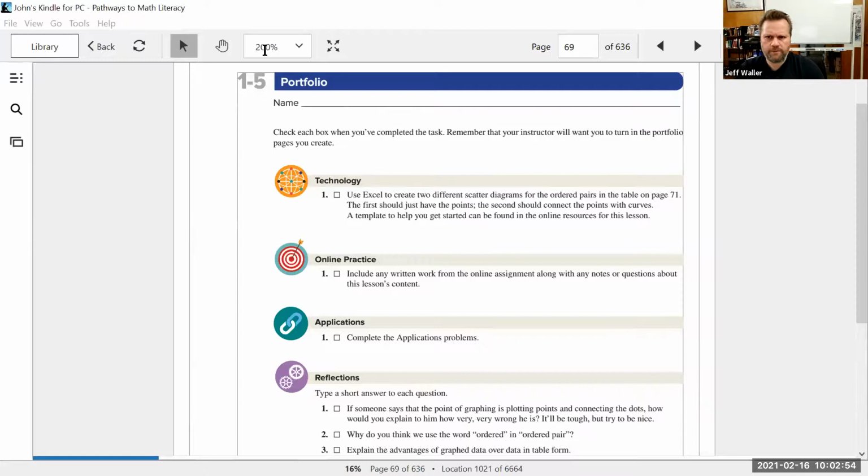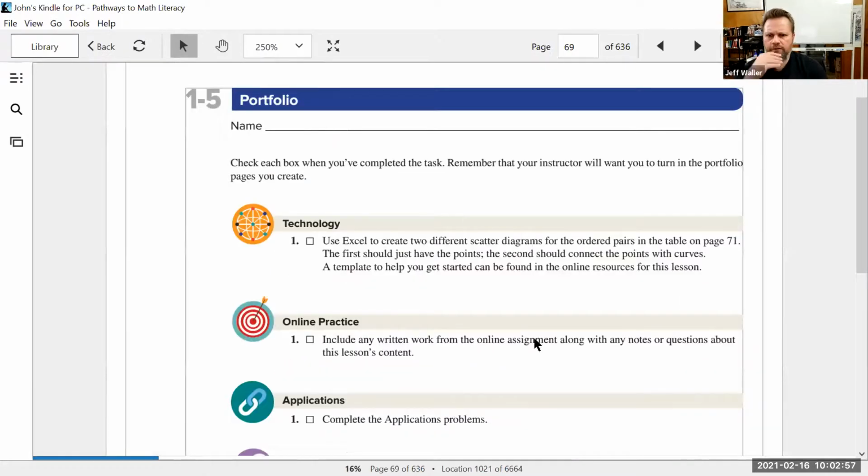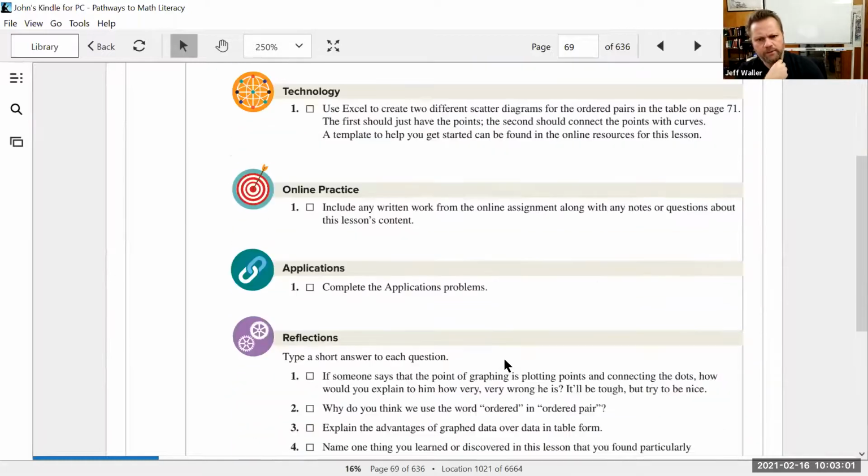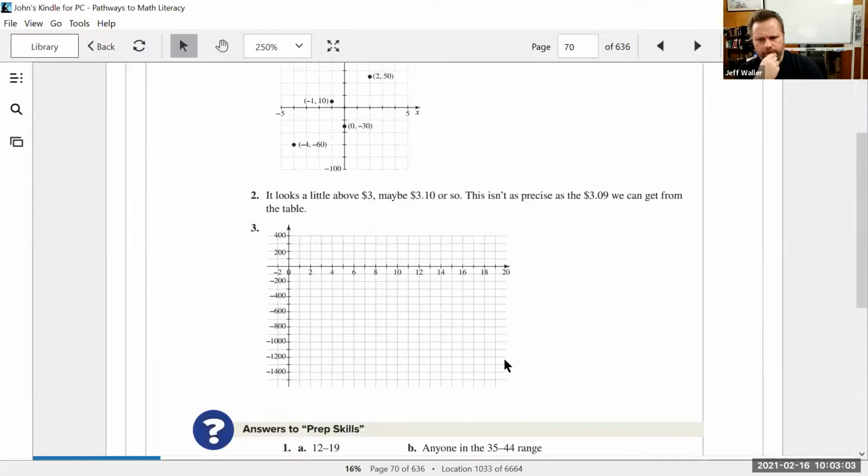That's going to make things difficult for you. I don't know how to re-download on Kindle. I'll look into it.